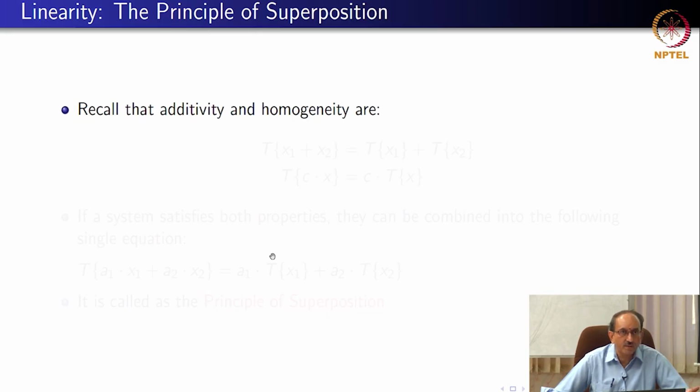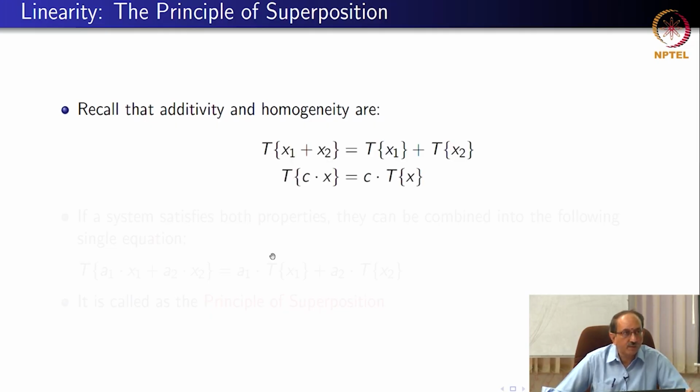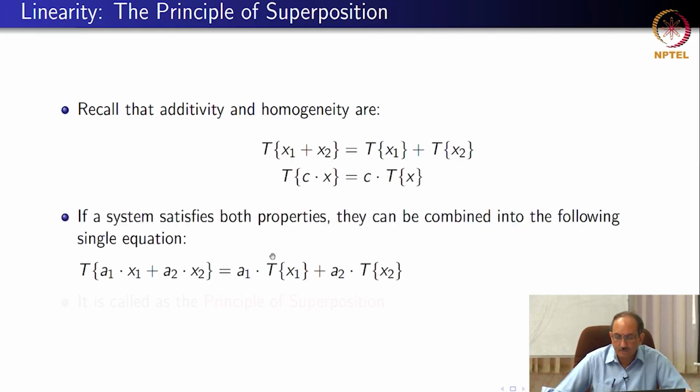So you say that the system is linear if a1 x1 plus a2 x2 gives you a1 y1 plus a2 y2. Therefore, the system is linear. When you make that statement, you are capturing two sub properties together, right? You are capturing both of these in one statement, and this is called the principle of superposition.